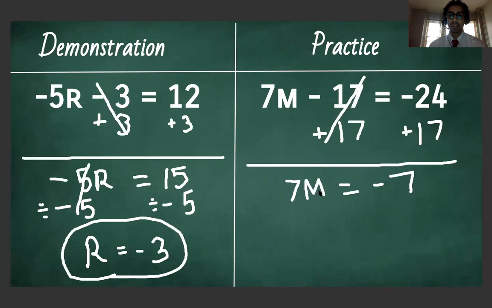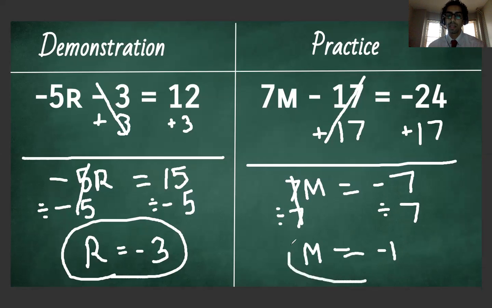So in this case, to undo or to get rid of that 7, I would divide by 7 on both sides. This would cancel out, and I'd just be left with m equals not 1, but negative 1. And that would be your solution.